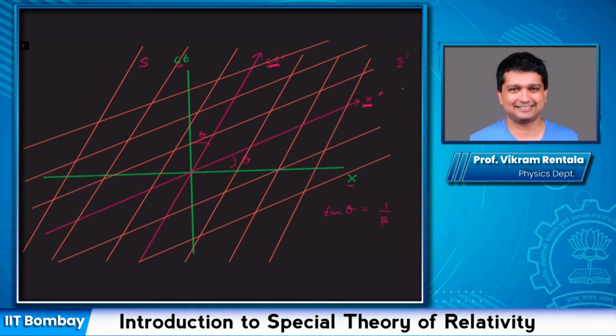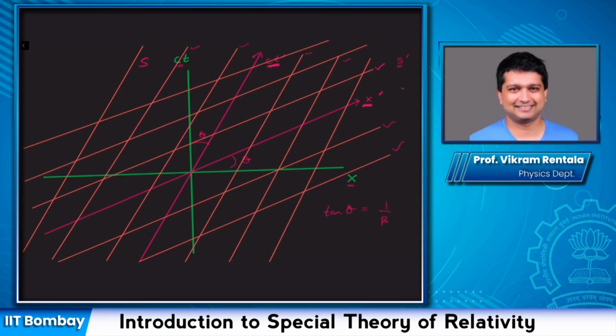So this is what that grid would look like. These lines here are parallel to the t prime axis, and these lines here are parallel to the x prime axis. So if we want to locate, let's say, for this particular space-time point, what is the t prime and x prime coordinate, I simply locate which grid lines this lies on.